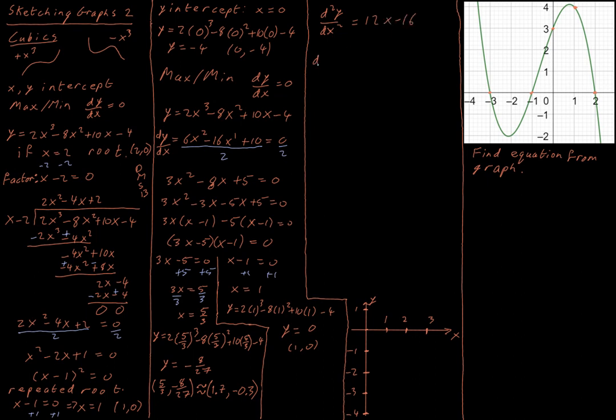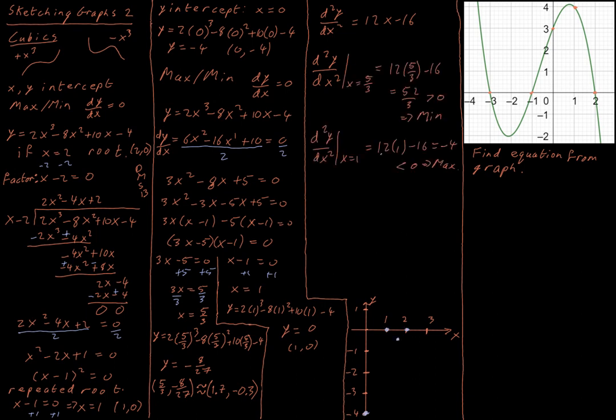Then what's that behavior like at our two different values of x, our 5/3 and our 1? And I find, as expected, my minimum at x is 5/3 and my maximum at x is 1.